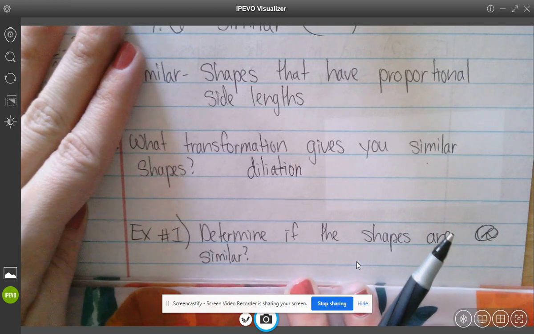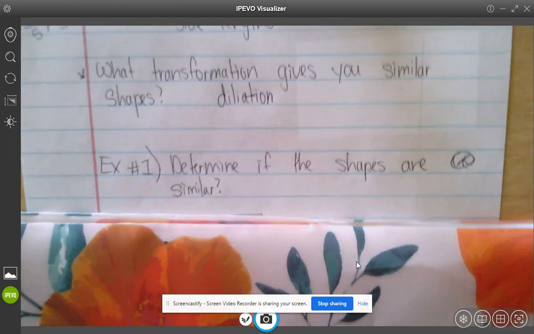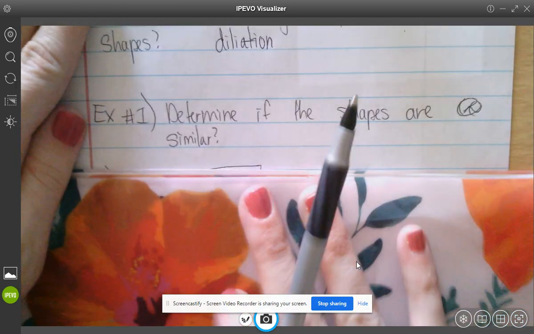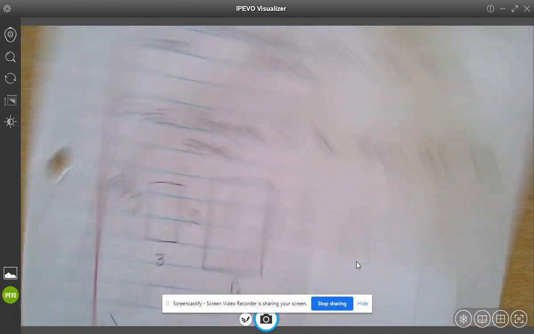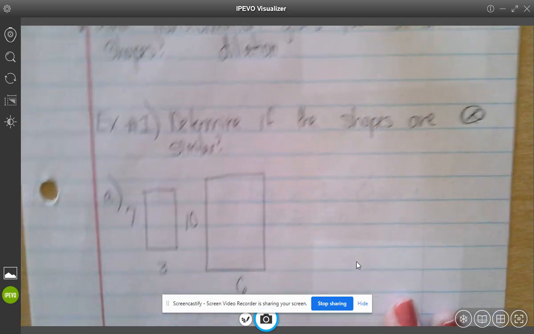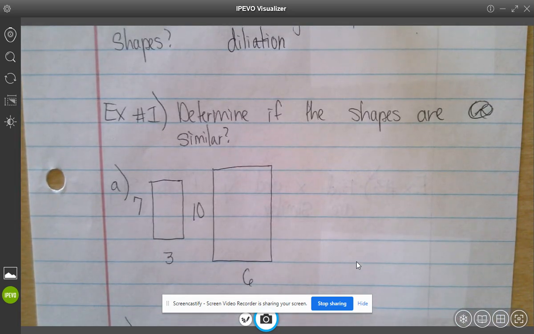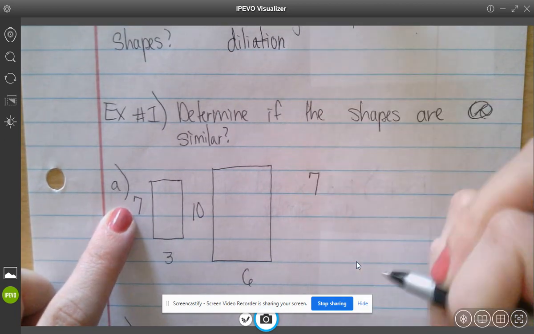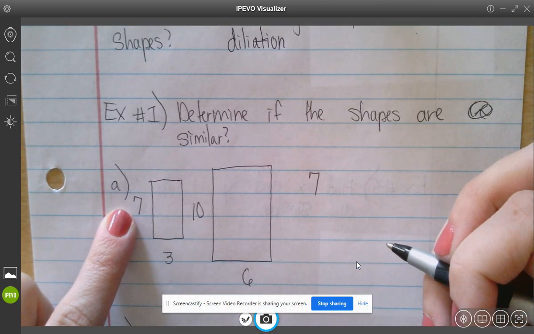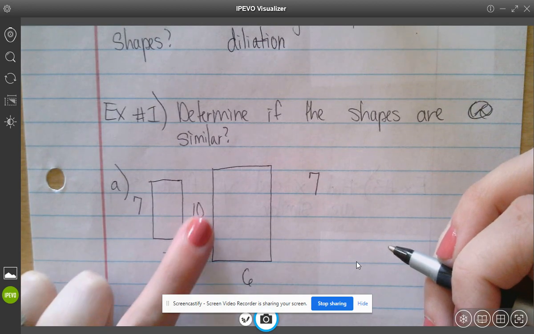All right, so example 1. Determine if the shapes are similar. So we're going to draw that picture there. Pause this if you need some time to draw it. The way that we do this is we set up our fractions. So I'm going to take 7 because that's my length of the small triangle. And then what's my corresponding length of the big triangle? 10.